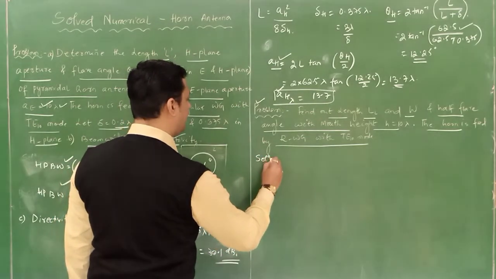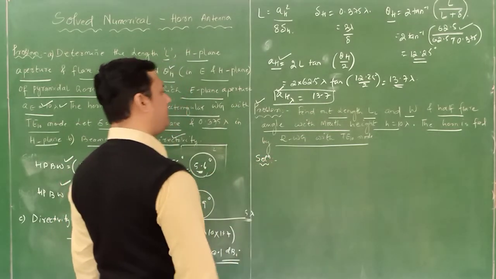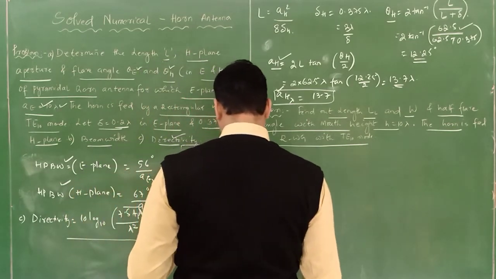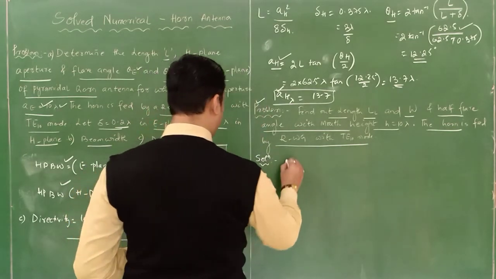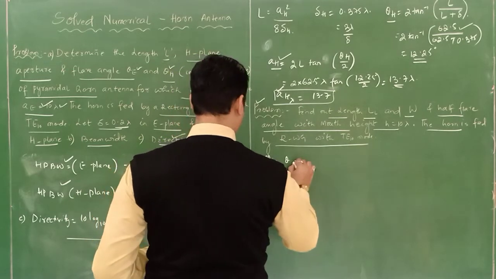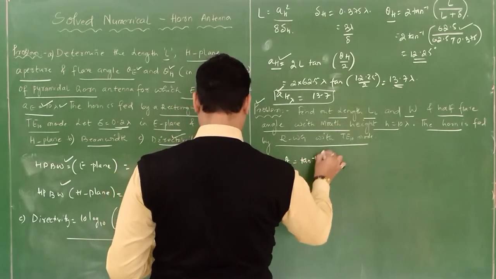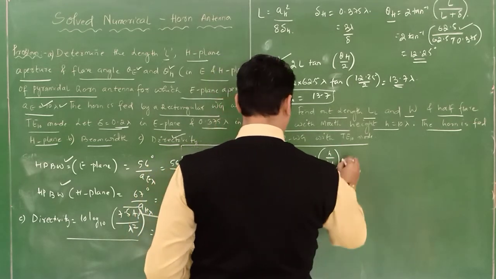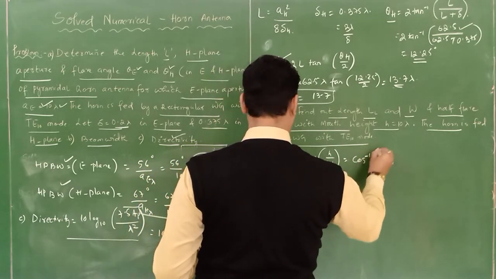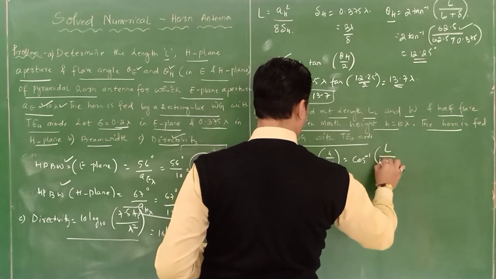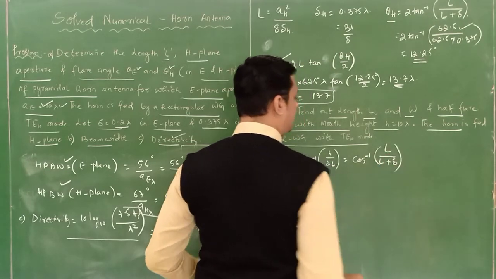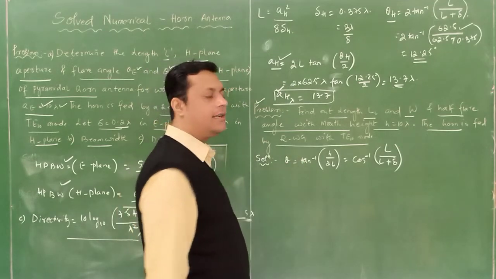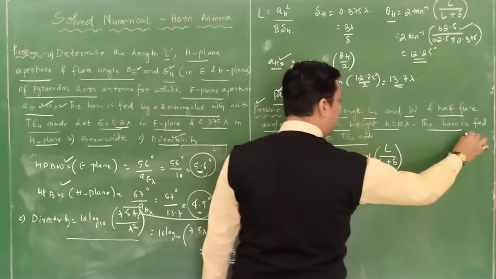So first of all, let me jot down what values are given in this. According to this, our theta is equal to tan inverse of H by 2L, which can be written as cos inverse of L divided by L plus del. This relation we have already discussed in the previous class, how this comes from the angle.